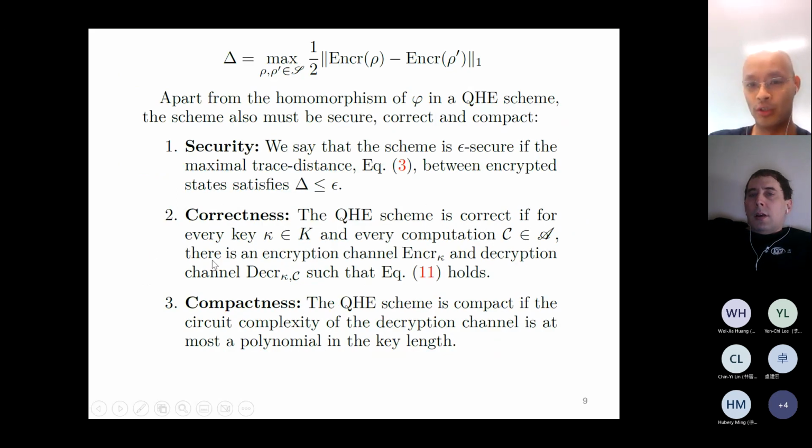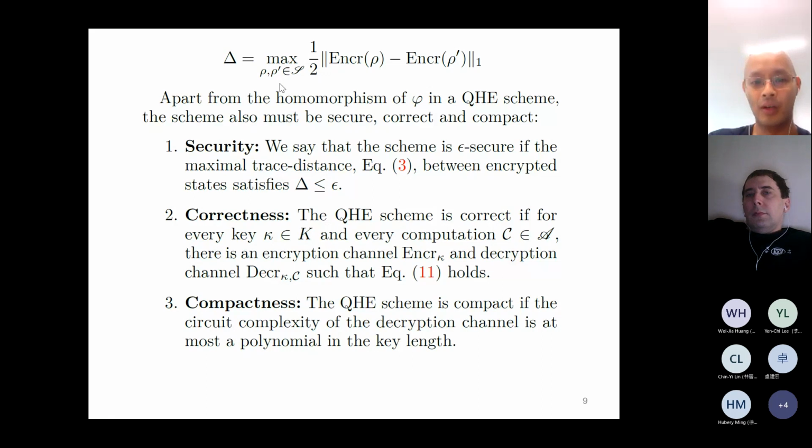Now I can talk slightly more formally about the properties of a quantum homomorphic encryption scheme. The most important property that we are focusing on today is the so-called data privacy, which we define to be the maximum trace distance between any two encrypted states, where you pick the states within some allowed set of states.